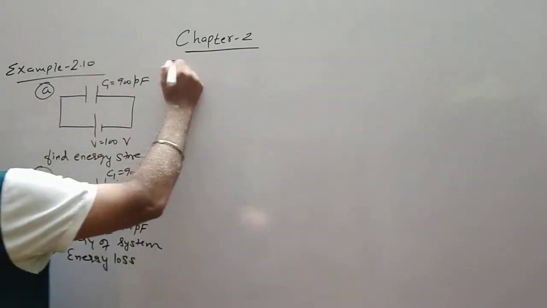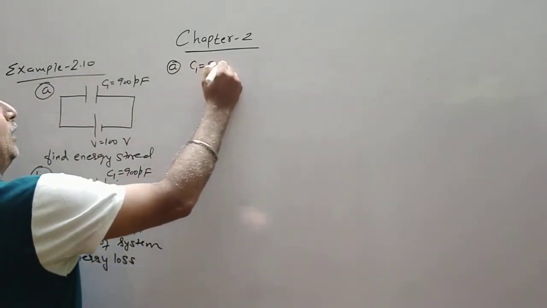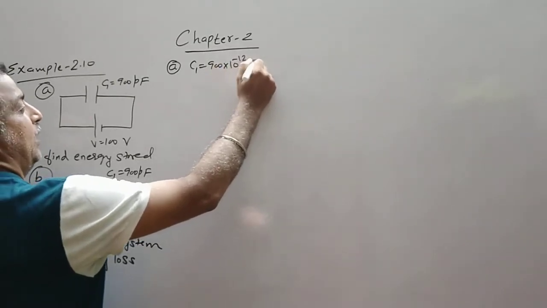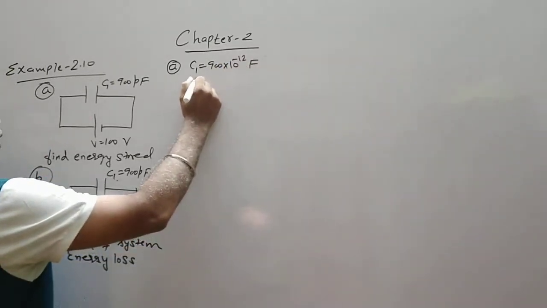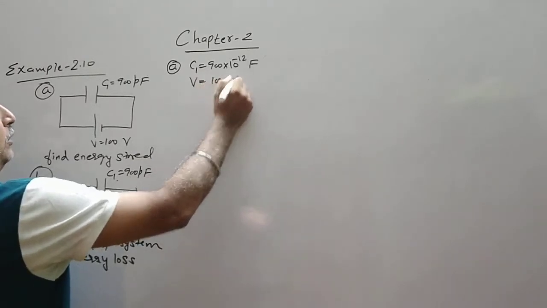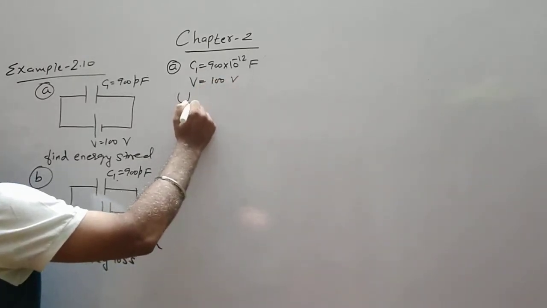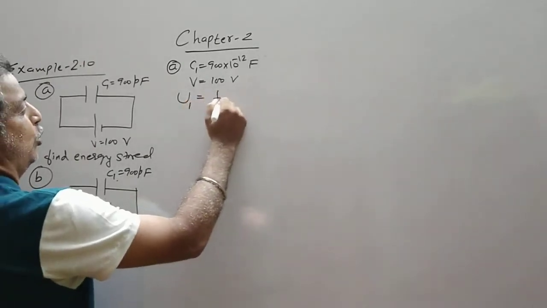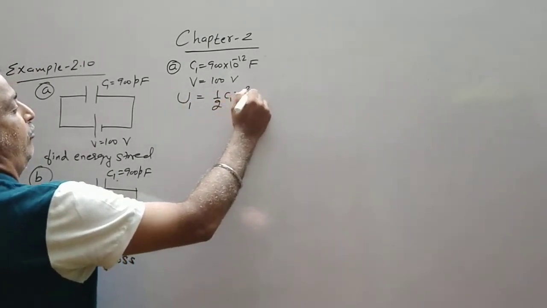is very easy. C1 is equal to 900 picofarad, so this is equal to 900 into 10 raised to minus 12 farad. The total voltage is 100 volt. So the energy stored, let the energy stored be U1. So U1 is equal to half C1 V square.